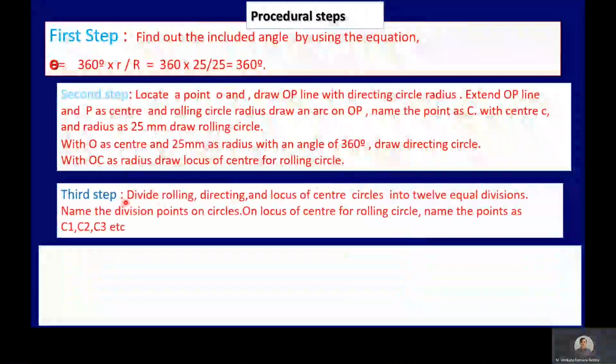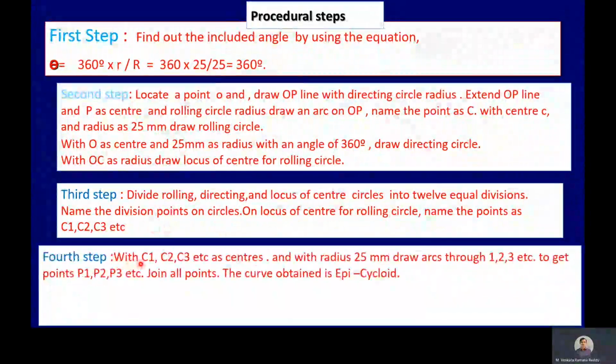Third step, divide rolling, directing and locus of center circle into 12 equal divisions. Name the division points on circles. On locus of center for rolling circle, name the points as C1, C2, C3, etc. Fourth step, with C1, C2, C3, etc. as centers and with radius 25 mm, draw arcs through 1, 2, 3, etc. to get points P1, P2, P3, etc. Join all points.